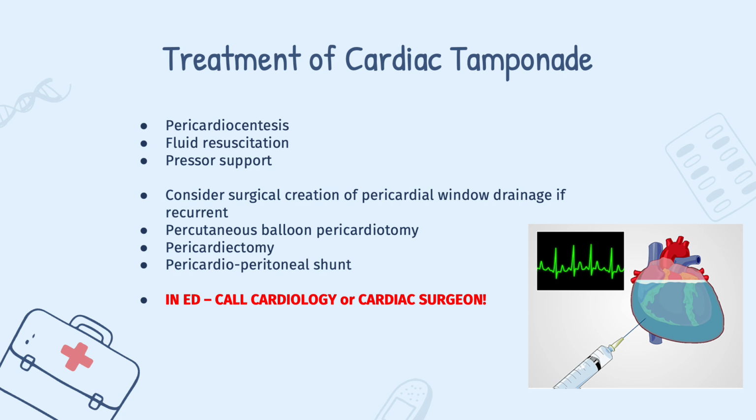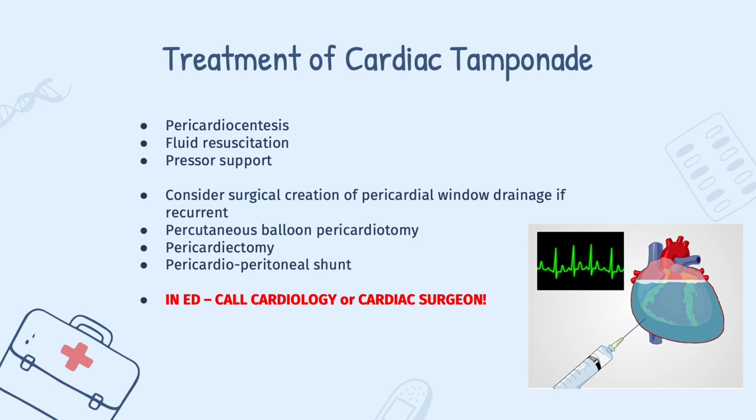And then treatment: pericardiocentesis. With cardiogenic shock, it is all about fluid resuscitation, so you have to be really, really careful that you're not giving the same kind of fluids to a cardiogenic shock patient that you would with any other shock. Pressor support is going to be really important here as well.